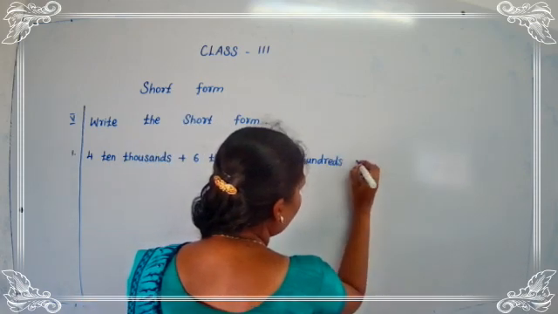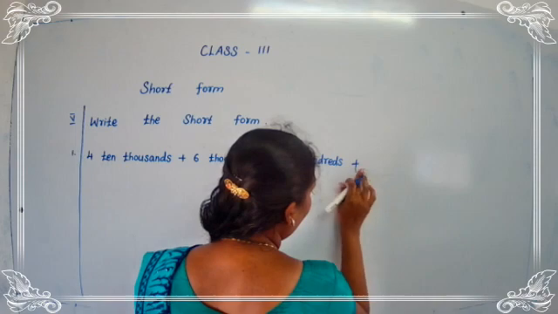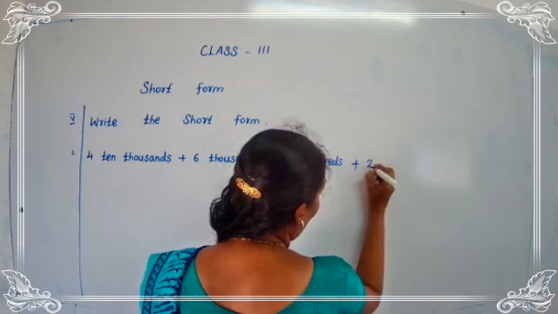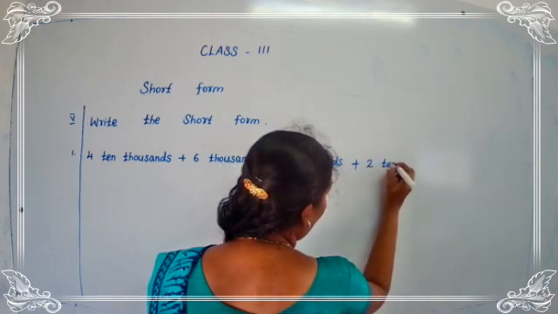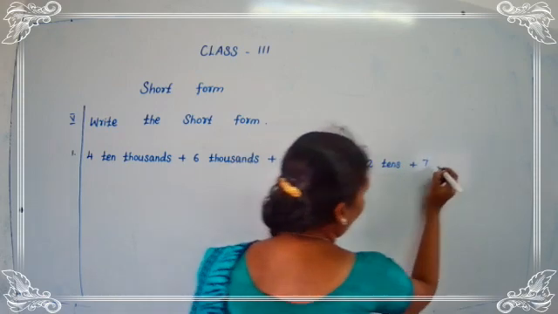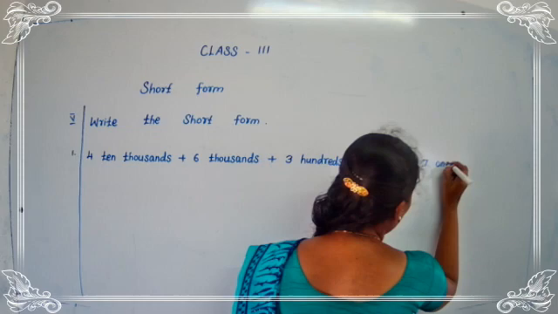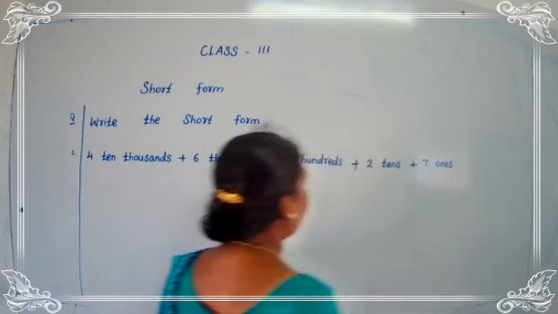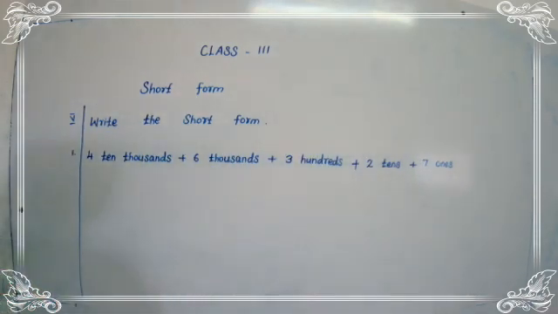Hundreds plus 2 tens. Tens plus 7 ones. Ones. Okay, for 10,000 plus 6,000 plus 300 plus 2 tens plus 7 ones.